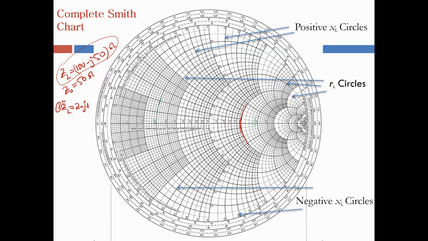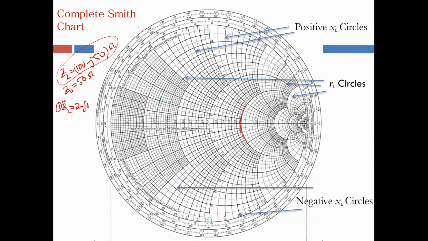Imaginary circles are labeled at the perimeter of the Smith chart. So if you are looking for an imaginary part of 1, we look on the perimeter here, and you see this is 1. Then 0.9, 0.8 here, 1.2.